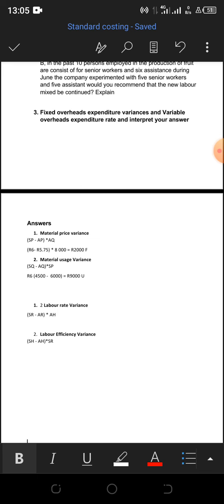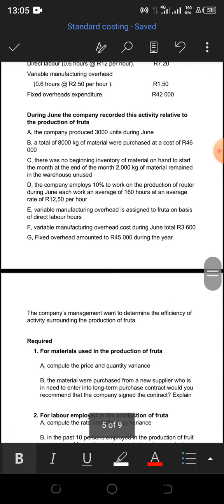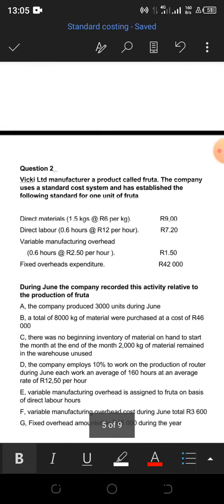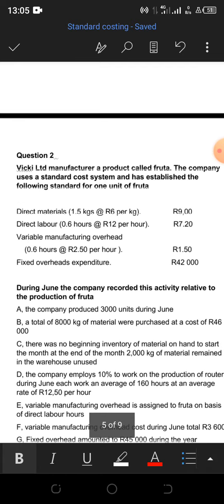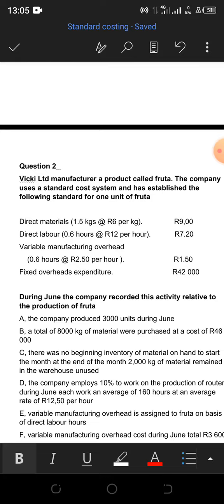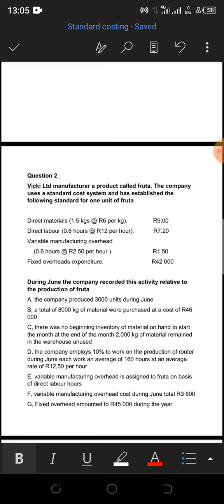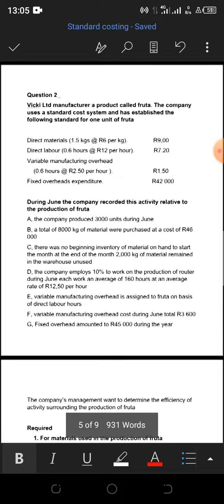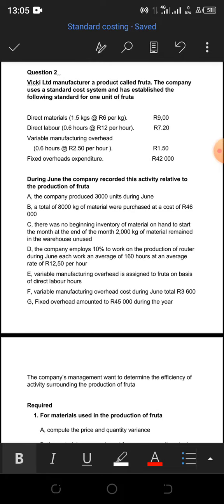Let's first look for the standard rate, actual rate, and actual hours in order to determine this. Then let's go to direct labor. Then the standard rate is 12 rand per hour. Okay. Then for the actual prices, we go to number D.